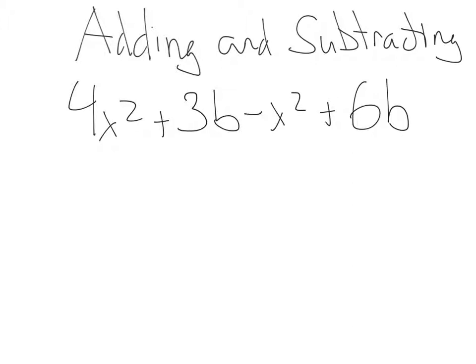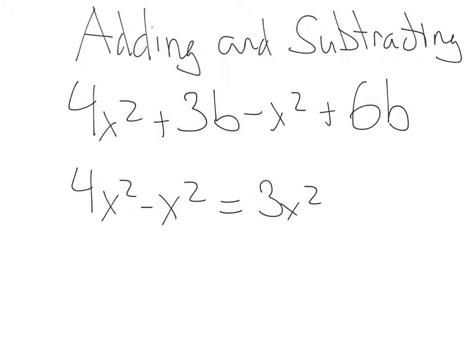So, if we subtract this x squared from 4x squared, we have combined those two like terms and simplified it to equal 3x squared.